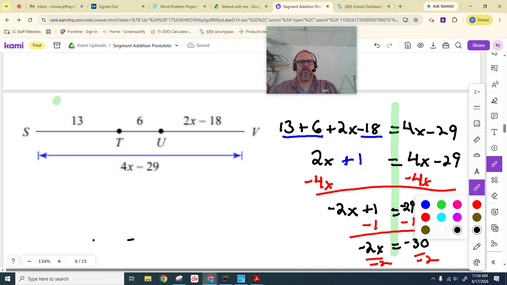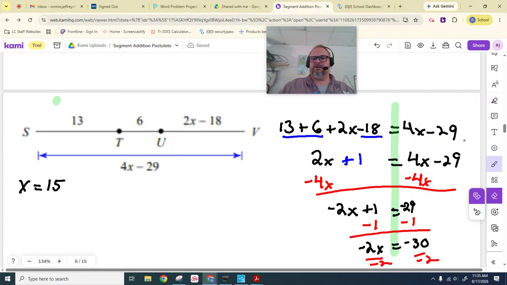So x equals 15. Okay, now, even if you didn't do it exactly the same way I did, you should have ended up with the same answer if you followed the rules of equations. Okay?